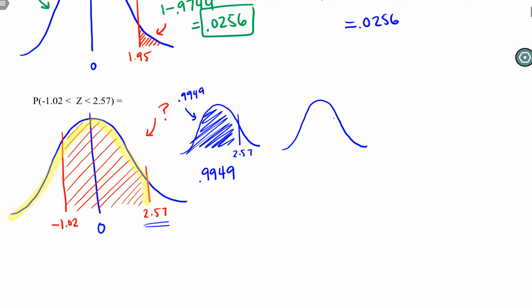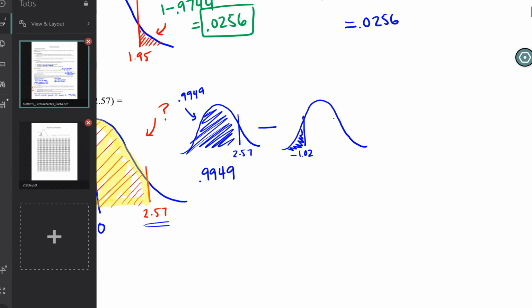We just got all of this, which is exactly too much by everything to the left of negative 1.2. I really want to say 1.2. So if we drew that and looked up that negative 1.2 and found everything to the left of it, well, we could just subtract that, and that would remove this extra bit we counted. So that's what you do. You look them both up, and then you subtract the smaller probability from the larger probability.